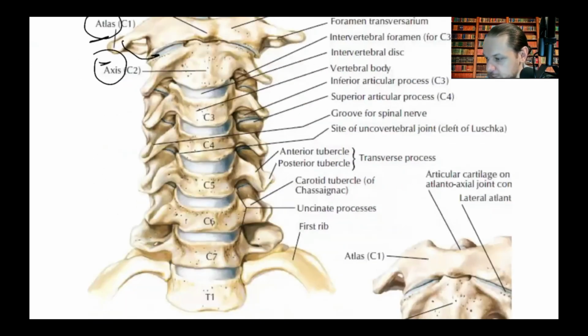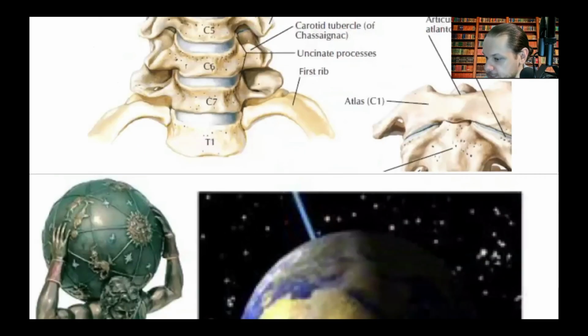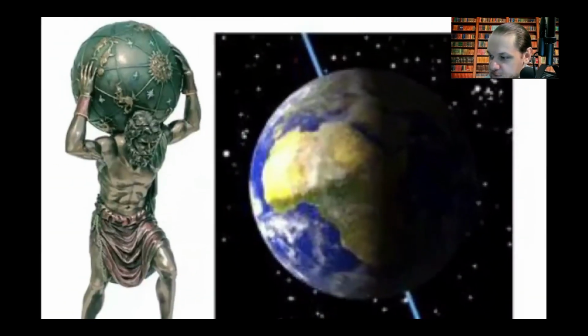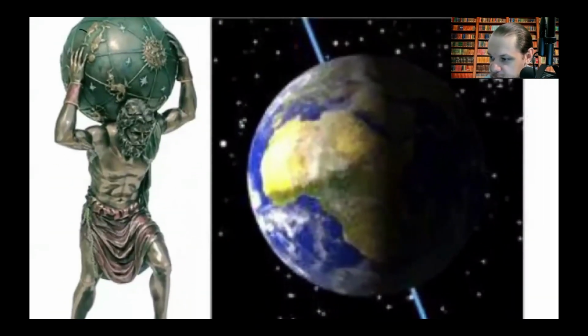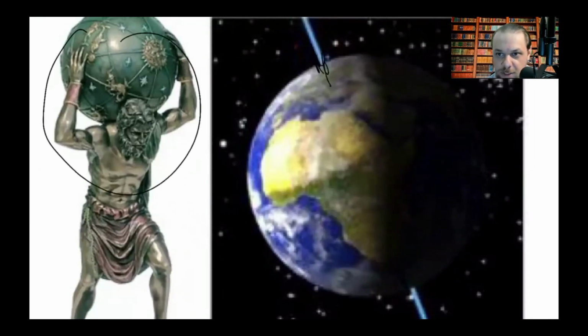And here you see the entire C7 here. Now, this is what I was referring to right here. We see the atlas. This is the guy holding up the globe. The axis is the rotation around the globe or around the earth. Both of these are important factors for us in terms of where the names come from and what they actually do, the function.